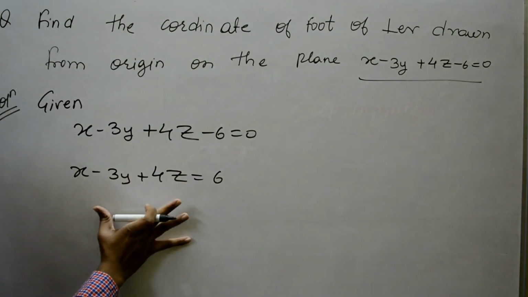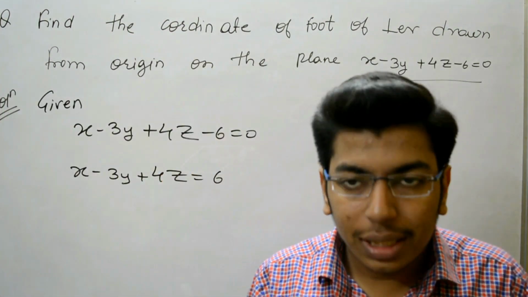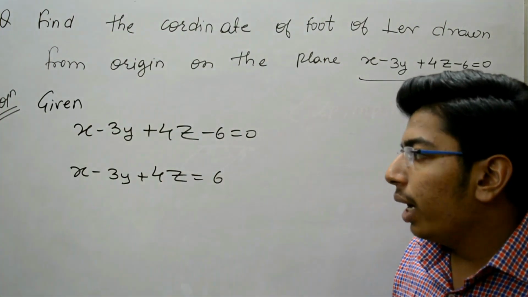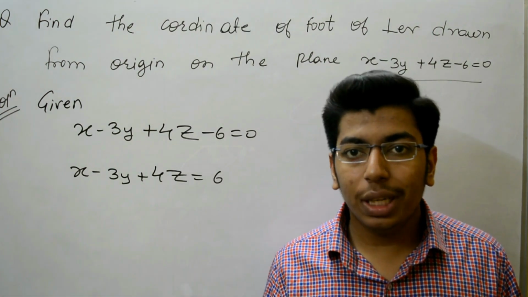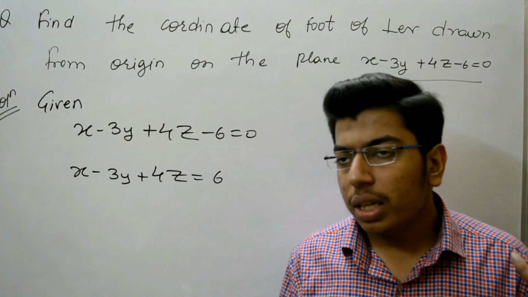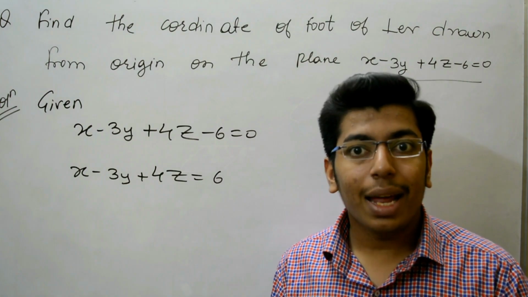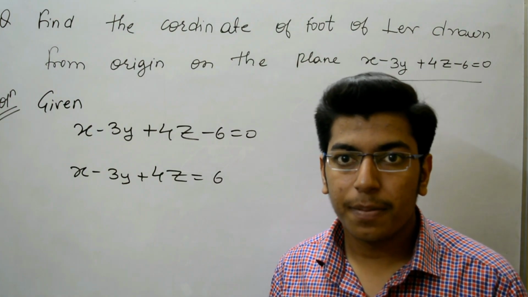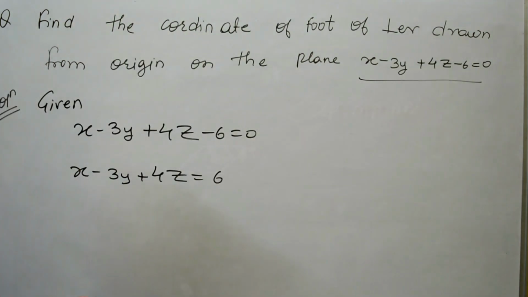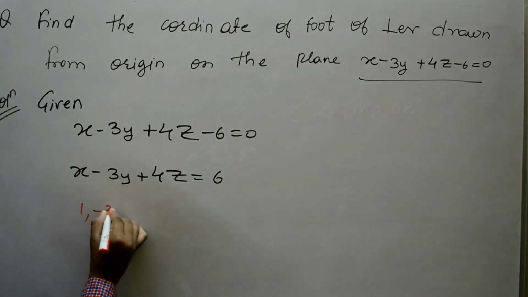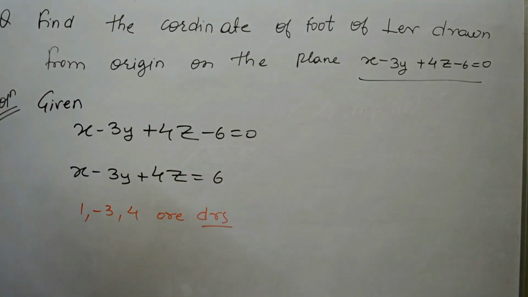This is the proper Cartesian equation, in the form ax plus by plus cz equal to d. Here a, b, c are direction ratios. So from this equation, 1, minus 3 and 4 are the direction ratios.